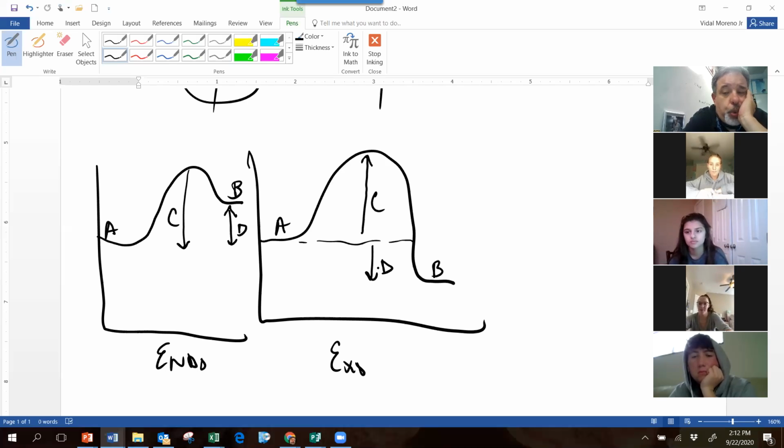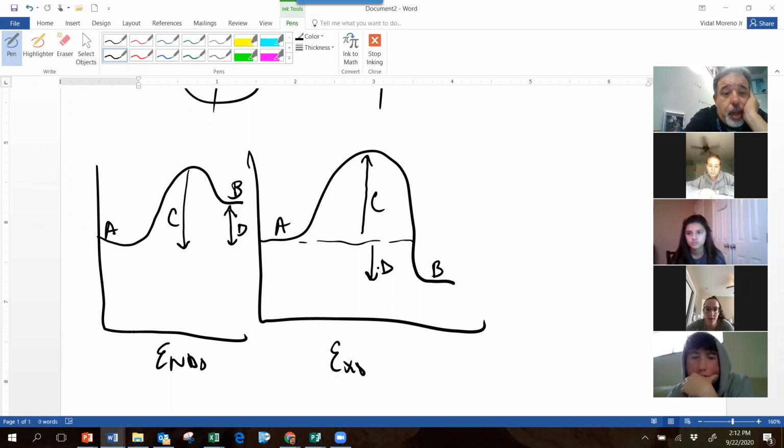Which letter is the reactants? A, right? Yeah, A. Yep. Which letter is the product's energy? B. Which letter is the amount of energy lost or gained? D. And which letter is the activation energy?